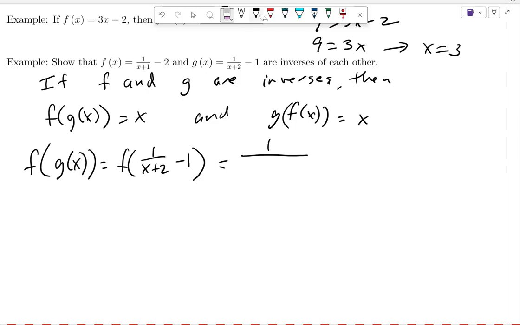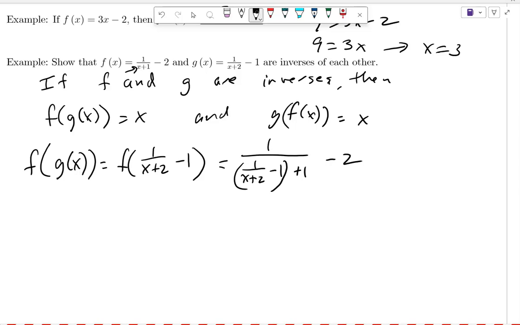So, do this again. 1 over X plus 2 minus 1 plus 1 minus 2. This was our X right here, isn't it? Remember, composition means take out the X and put in literally what you see in the parentheses.